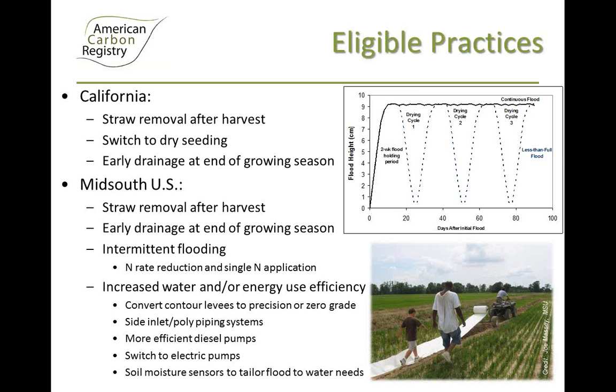And all of these things, by changing the grading of fields, poly piping systems, which you see in the photo there, all of these things allow farmers to improve the efficiency of their water use, leading to less diesel used. Then there's other things that maybe don't change the water use, but more directly affect diesel emissions, like switching to more efficient diesel pumps and switching to electric pumps.